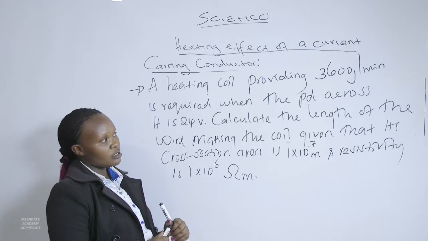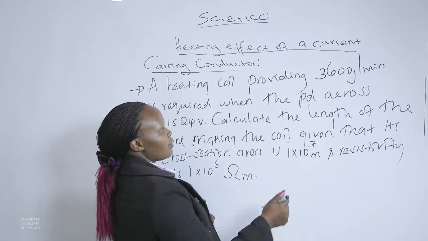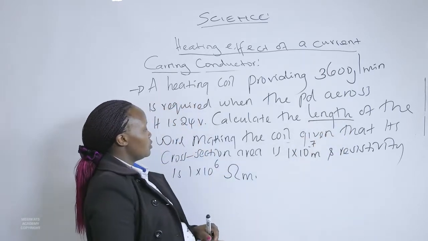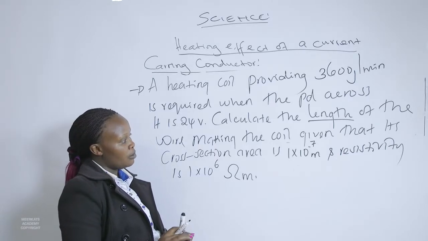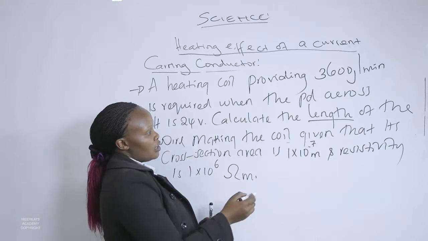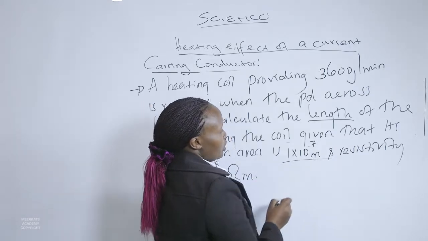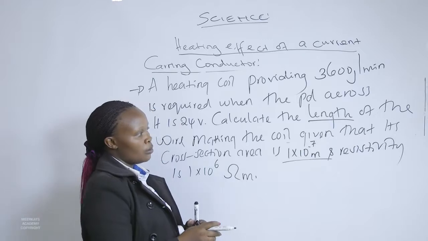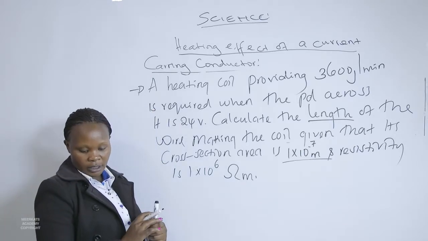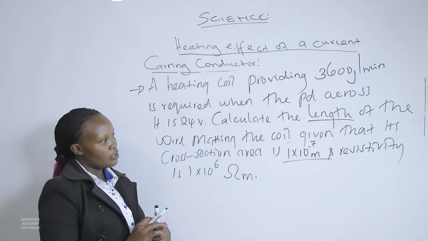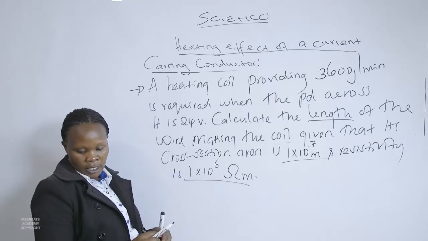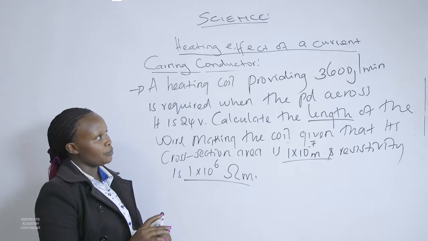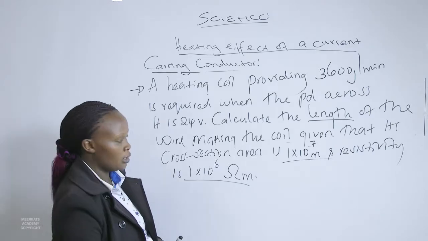Now, the question requires us to come up with the length of the wire that makes the coil, given that its cross-section area is 1 times 10 to the power -7 meters, and the resistivity has also been given as that.